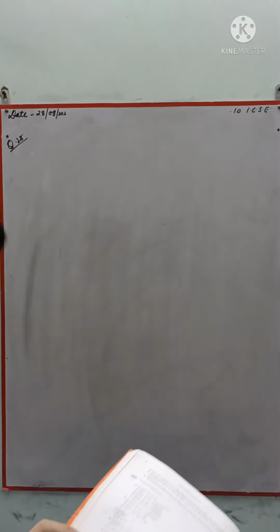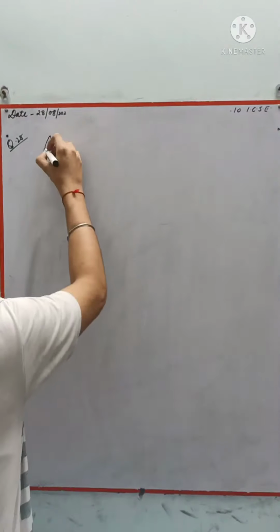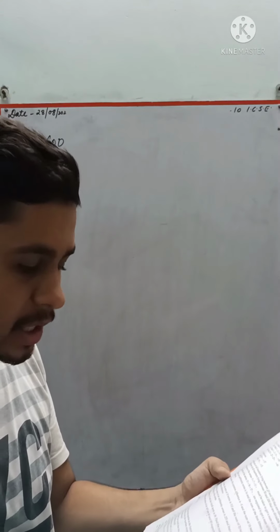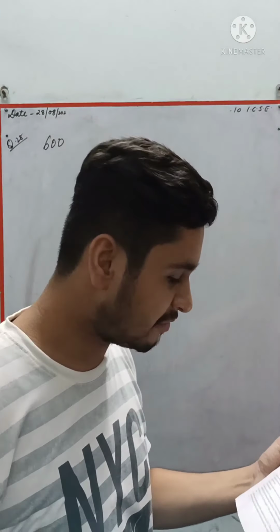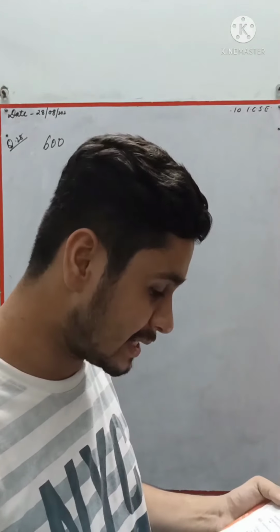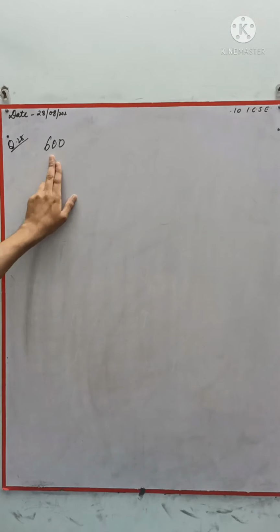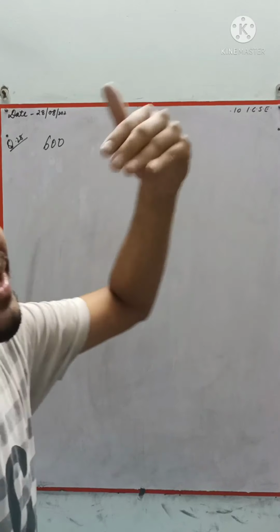Okay, let me explain the 28th question. A man saves 600 in January. Say for example, a man saved 600 rupees in January. How much does he save during the whole year if every month he saves 20 less than the previous month? So starting from January, he saved 600 rupees, and in the very next month he saved 20 rupees less.